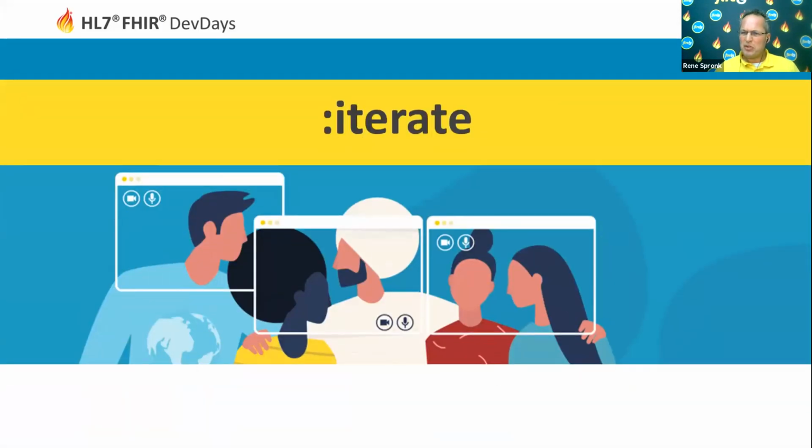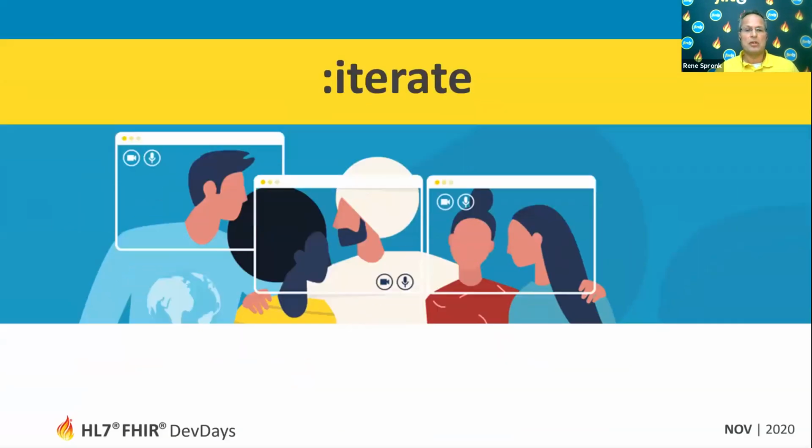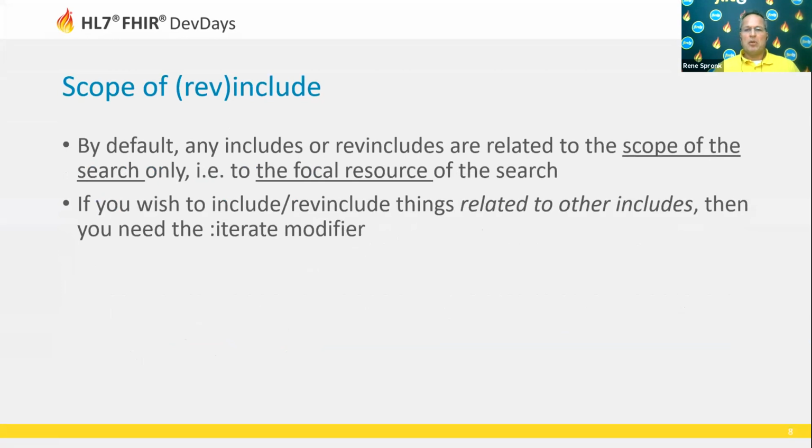Now, sometimes it's not sufficient to just do an include. You may need to iterate. And iterate is a feature that can be very useful when you do inclusions. Because the thing is that normally when you do an include or a reverse include, then you're only including things that have a direct relationship or a direct reverse relationship with the focal resource.